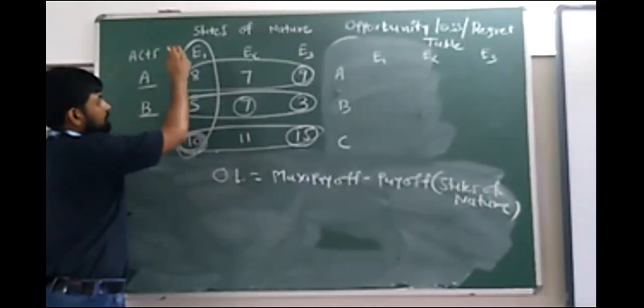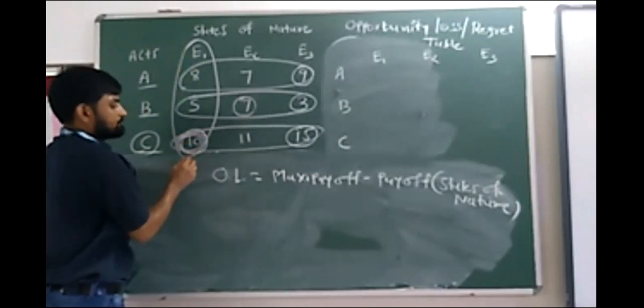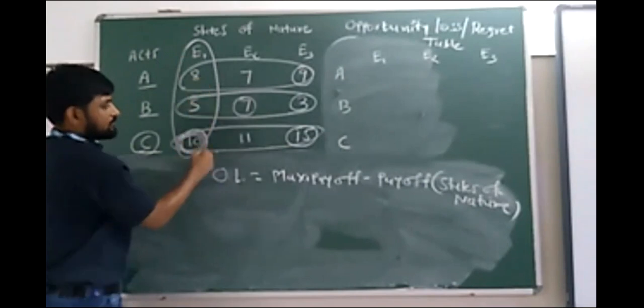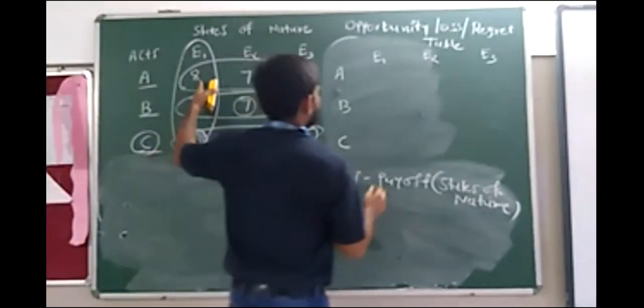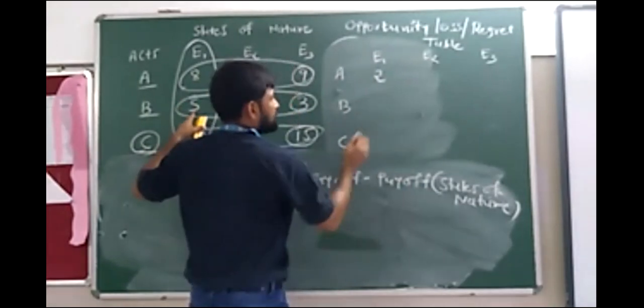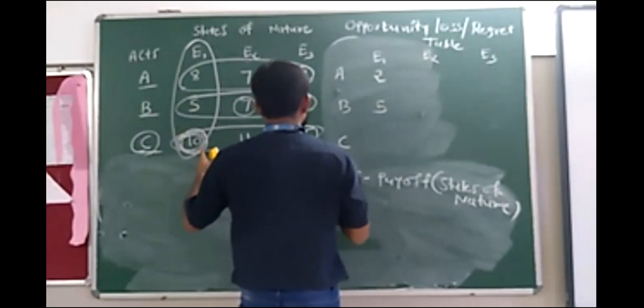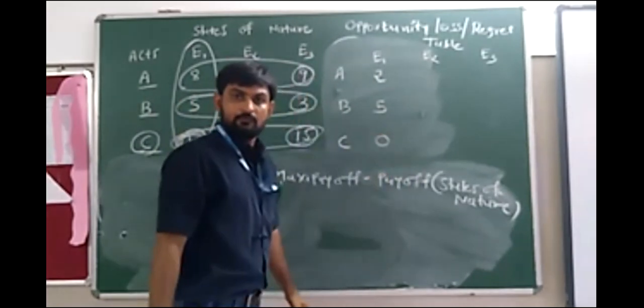From the first column the maximum payoff is 10, so we'll subtract all elements from 10. So 10 minus 8 is 2, 10 minus 5 is 5, and 10 minus 10 is 0.